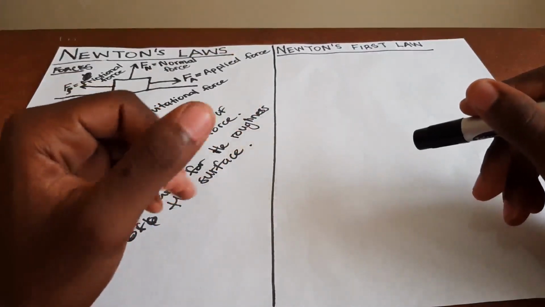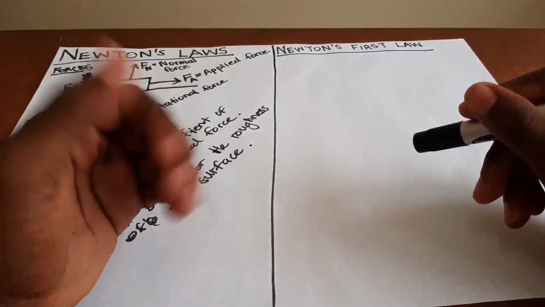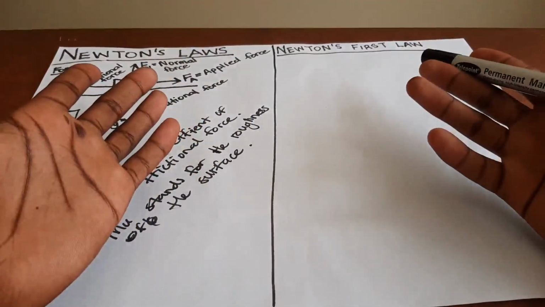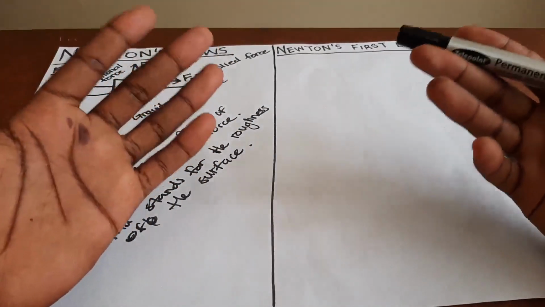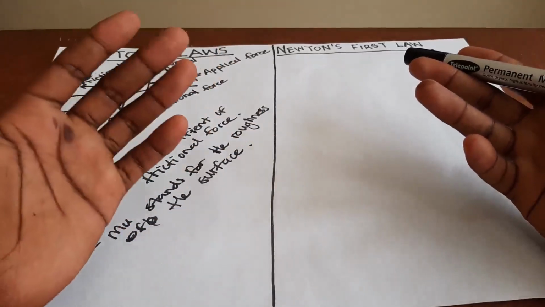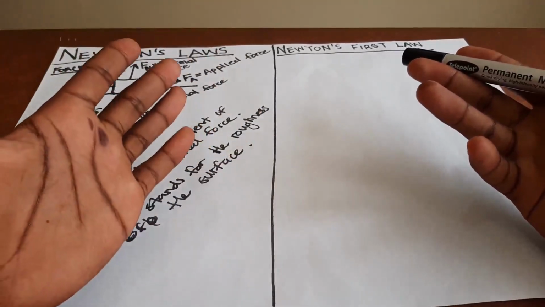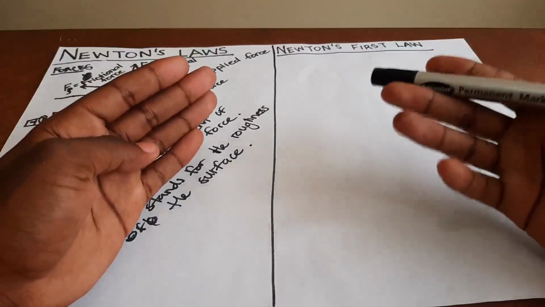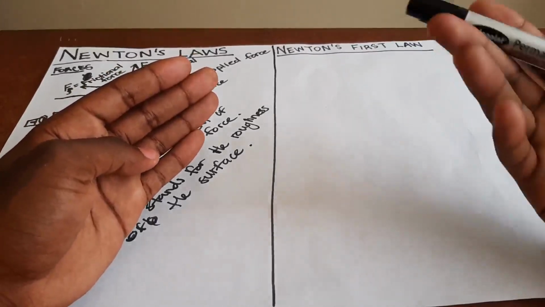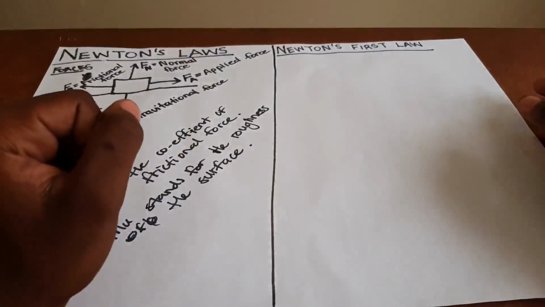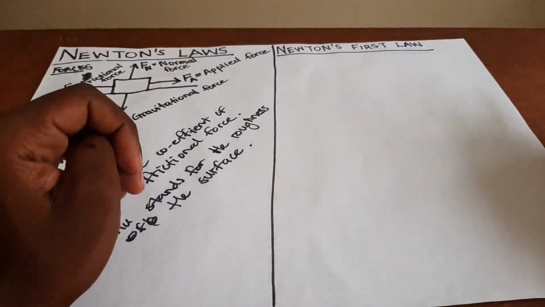So an object will remain at rest, or continue its uniform motion, unless there is a resultant force acting upon it.